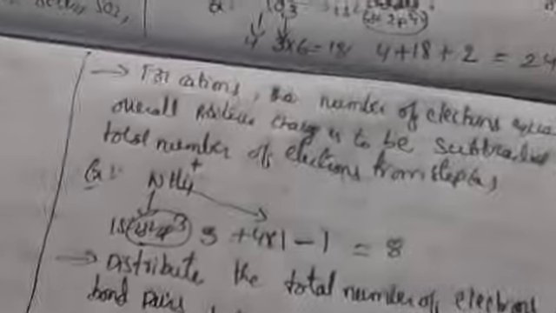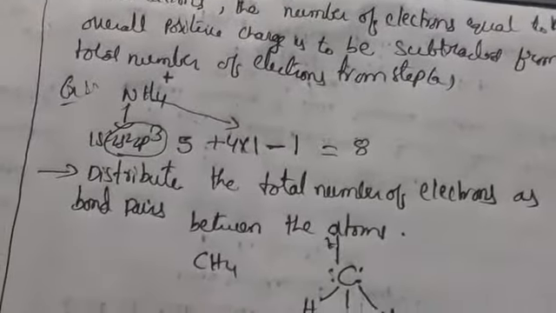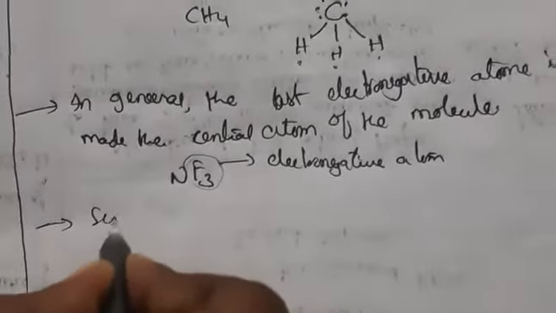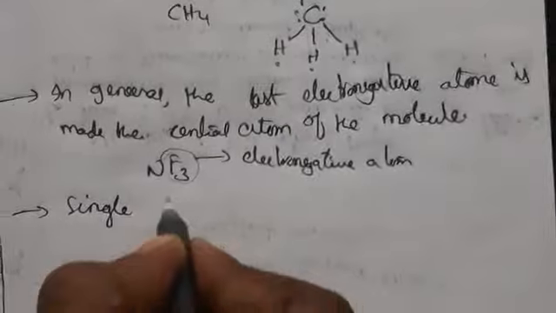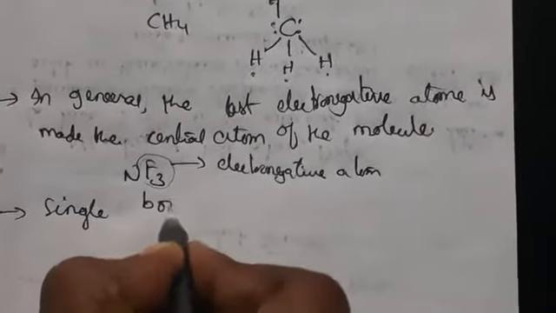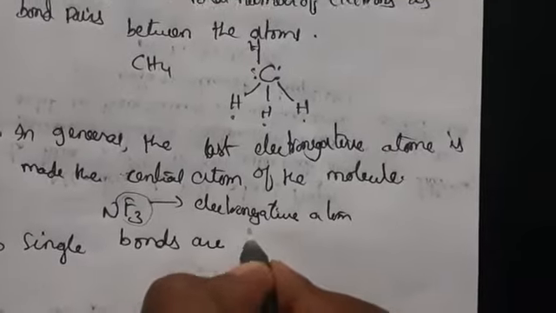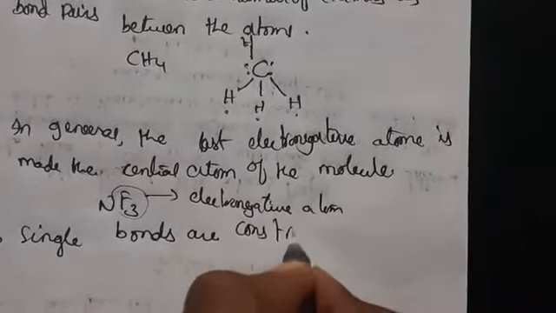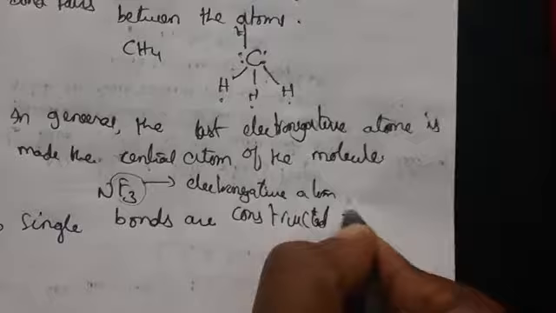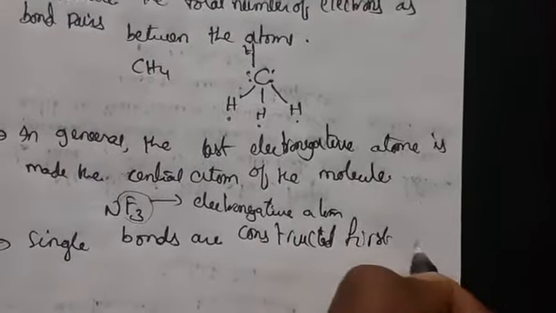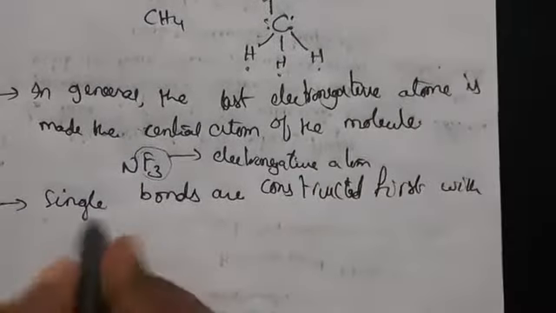So this is the octet representation. Mainly Lewis structure is nothing but the dot structure. So the last point is: single bonds are constructed first with bond pairs.